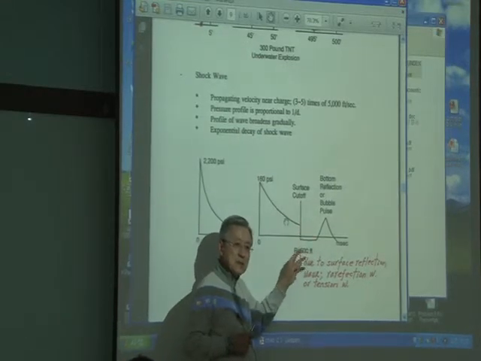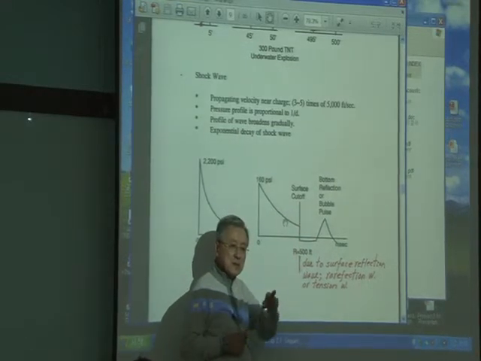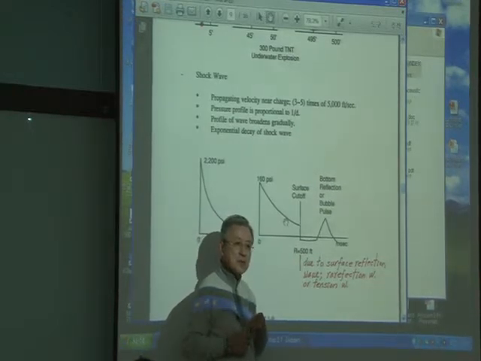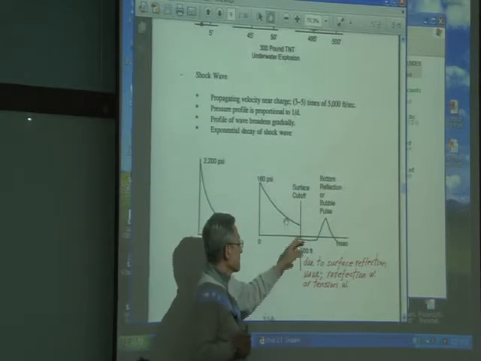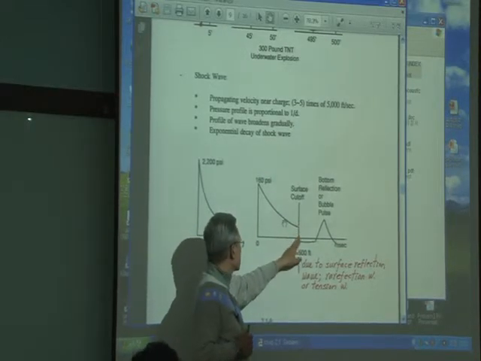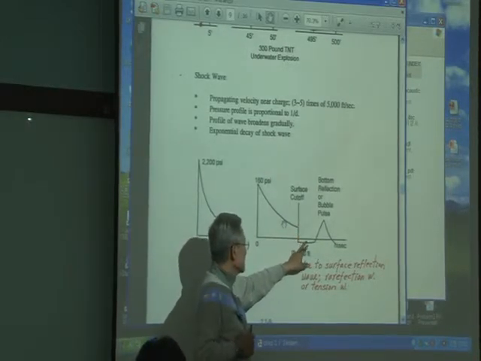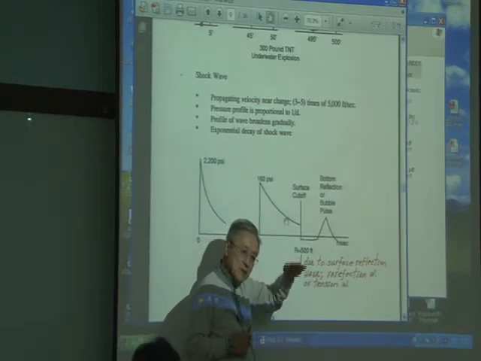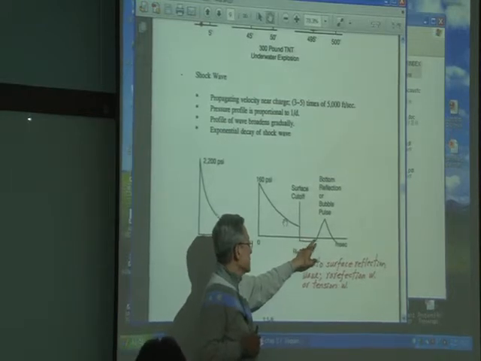I'm going to tell you in section 3.2, somewhere there. And then it goes down to slightly below 0, 304 psi, slightly below, then comes back up.